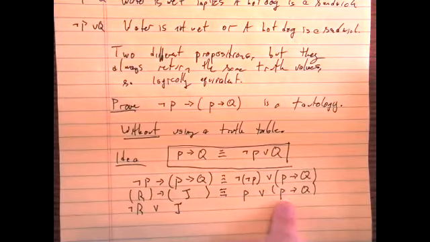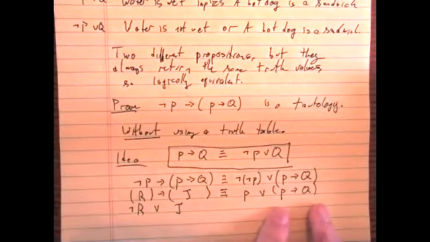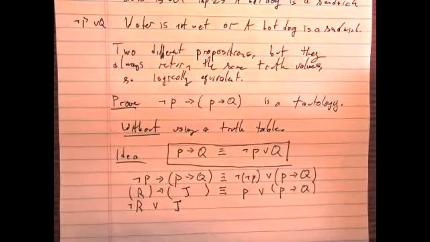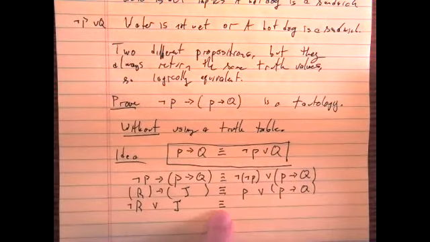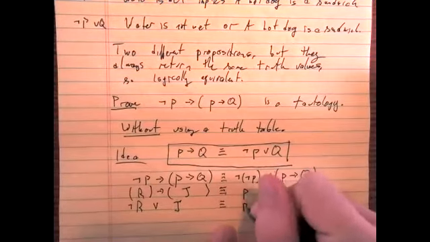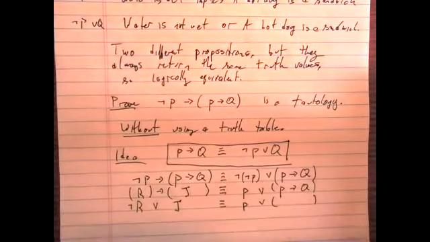Okay, what can I do now? I have P or P implies Q. Is there any logical equivalence that I can try to do here? Same thing, yeah, exactly. I can do the exact same thing. This is going to be logically equivalent to, I leave the beginning bit just the same, P or, and then what goes here?